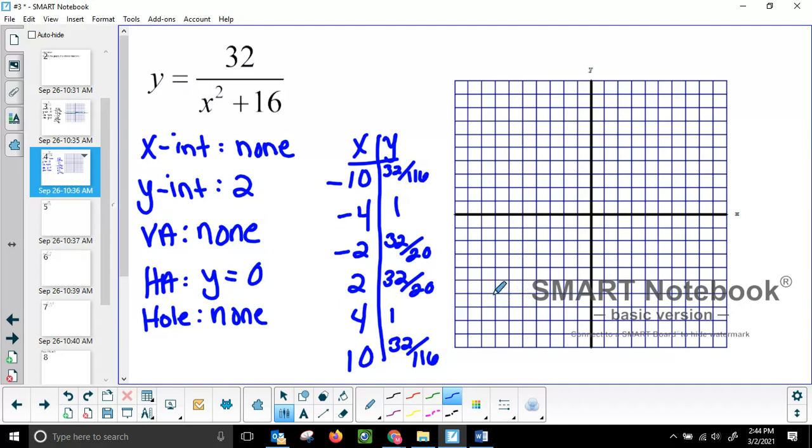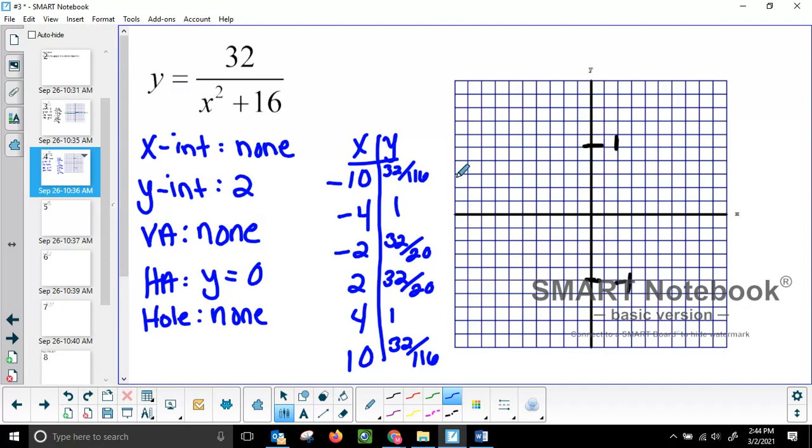Alright, so now if we go ahead and put this stuff in, just to make it a little bit easier, I'm going to go ahead and make this scale way different over here. We'll just call this 1 and negative 1. Everything else can be the same. Alright, so now I've got negative 10 and 32 over 116.